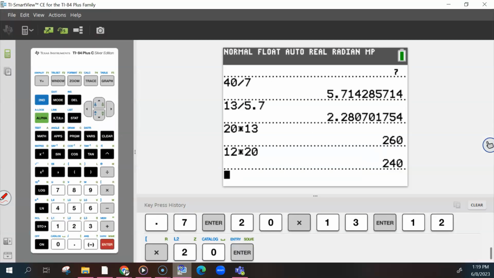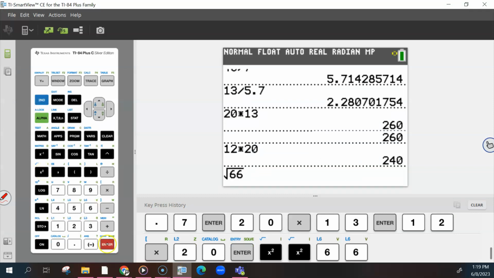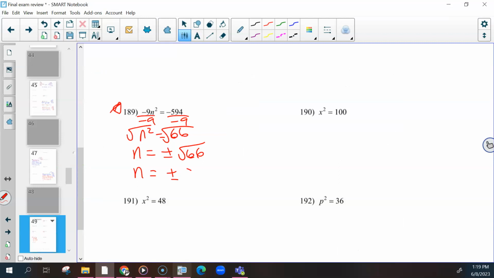Find that decimal, type in second x squared, 66, and put in like 3 decimal places, 0.124. And you're writing this as a solution set.